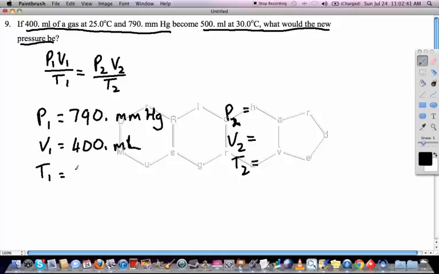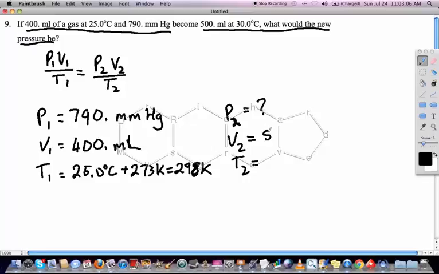And temperature 1 here is going to be 25.0 degrees Celsius, but we know that that's going to end up being converted into Kelvin, and that's going to be 298 K. And pressure 2 is what we're looking for, so that gets the question mark.